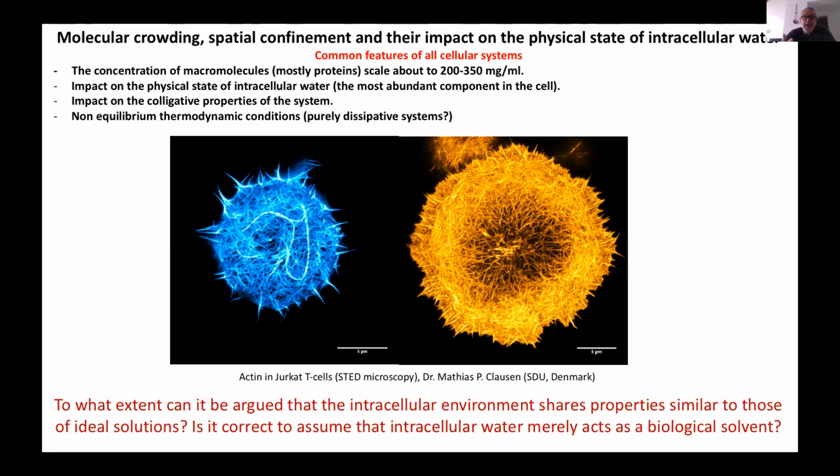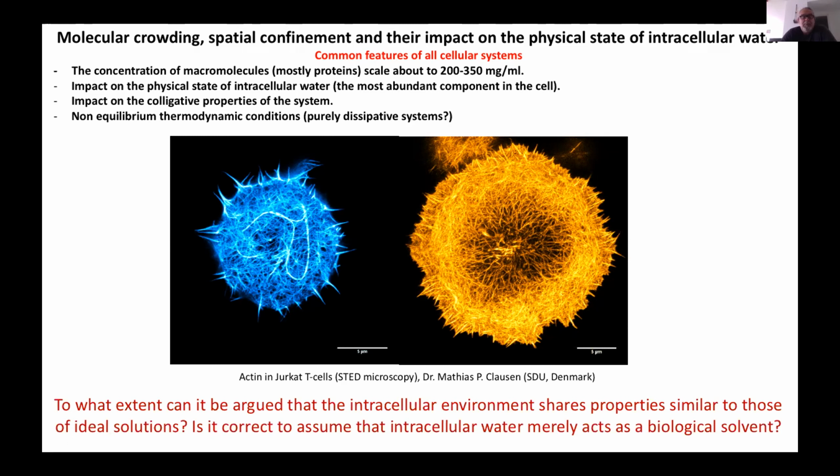All these considerations lead to a question: to what extent can you really assume that the behavior of macromolecules, ions, and water in the intracellular environment can be described by ideal solution theory?